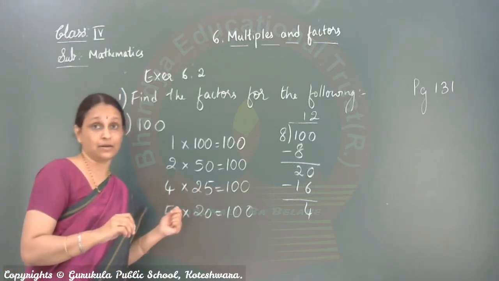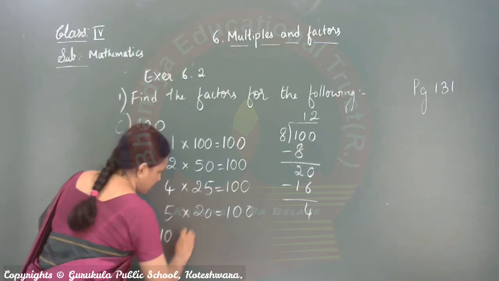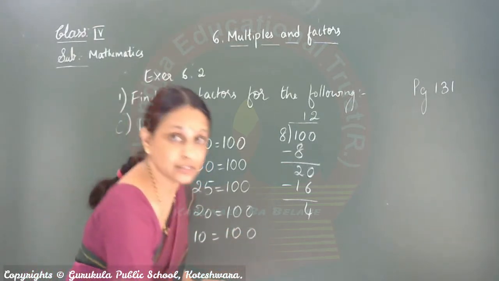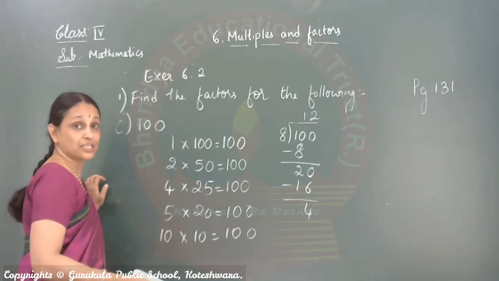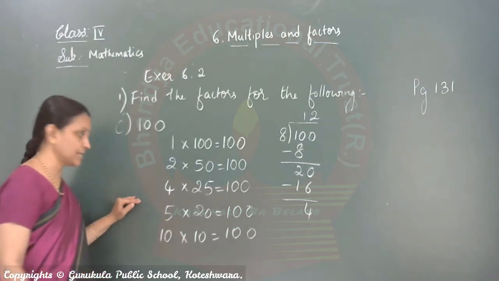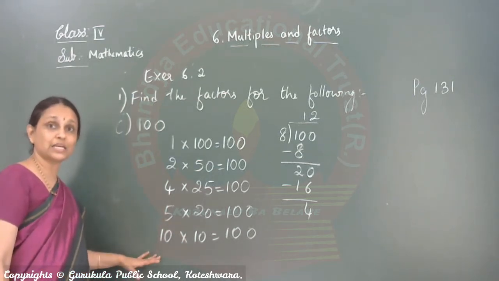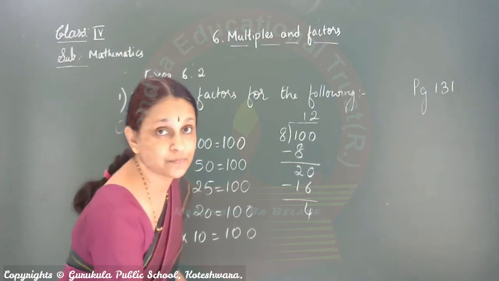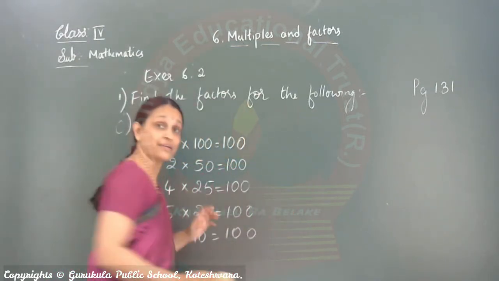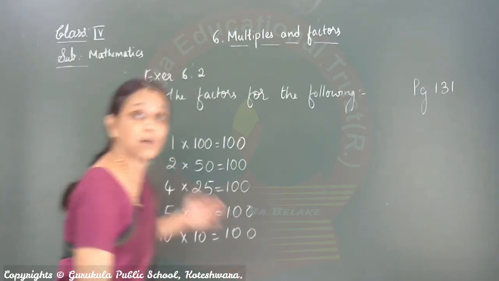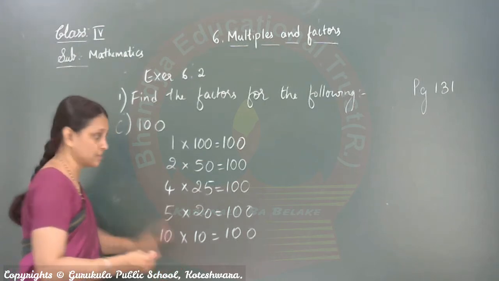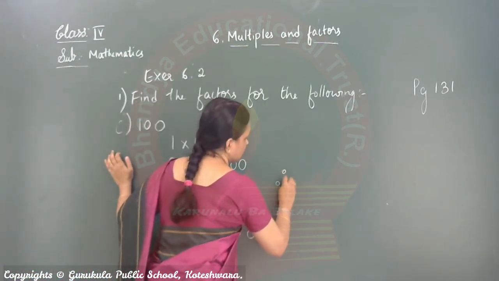By 10. Yes, 10 tens are 100. So I think this is the last one, because after this, in 11, 12 tables, 13 tables, 14 tables, 15, 16, in all those tables 100 will not come. It will come again in 20 tables, 25s are 100 which will repeat. So we can stop here.